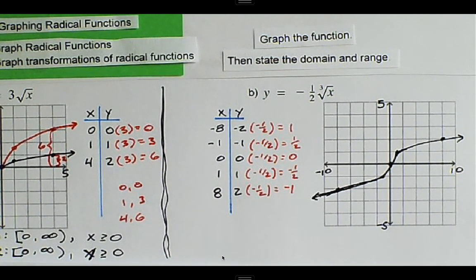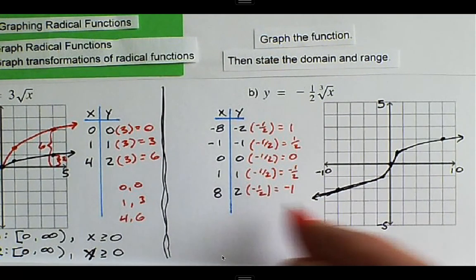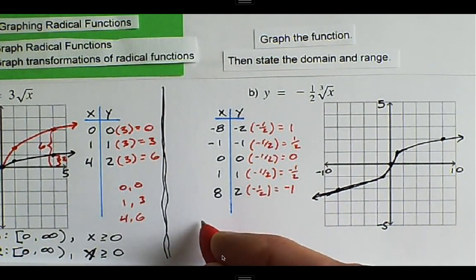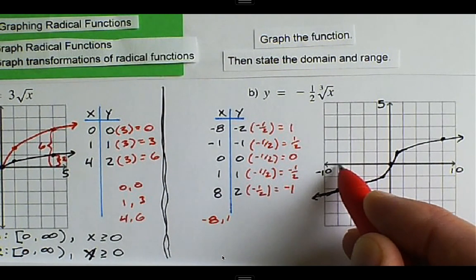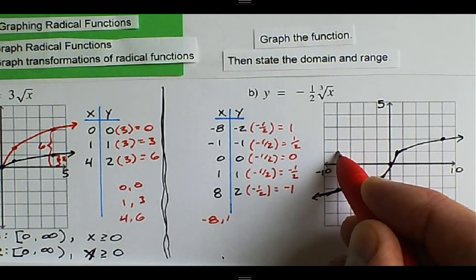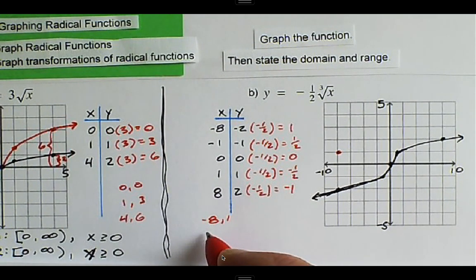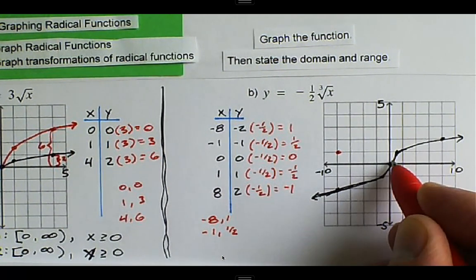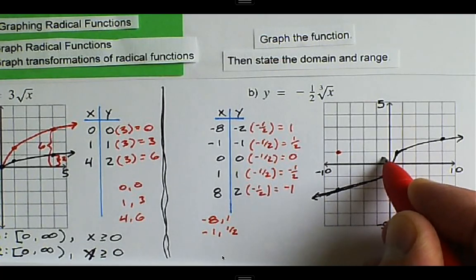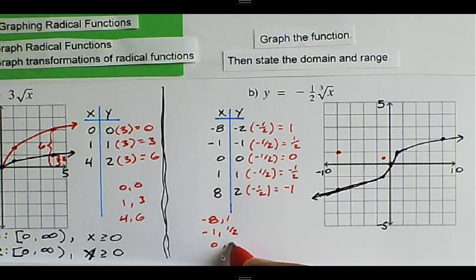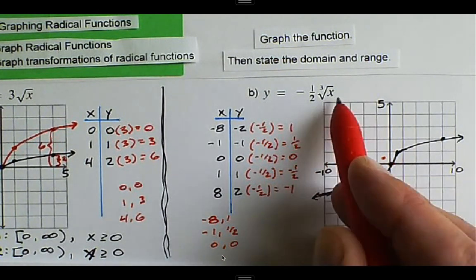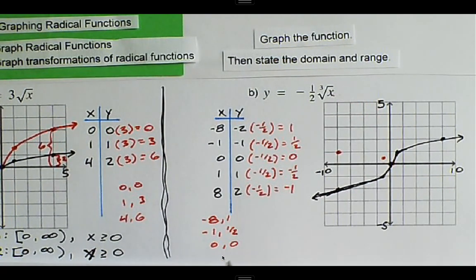So the points that we get to plot are -8, 1. So we go over to -8, and then we go up 1. Then -1, 1/2. 0, 0 is still there because we have not translated up or down or left or right.